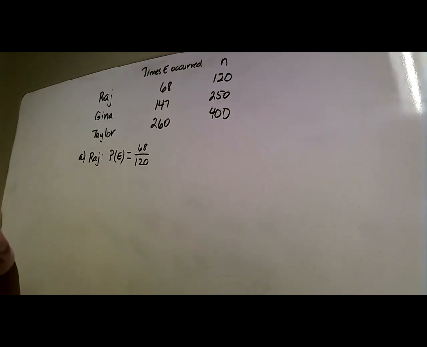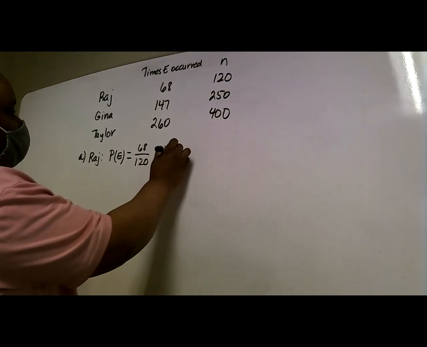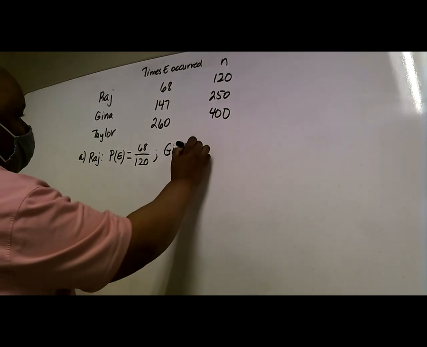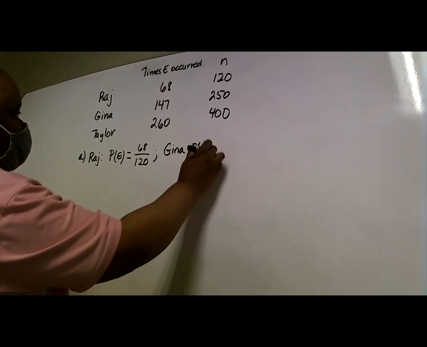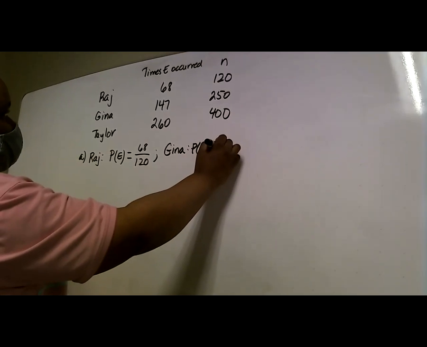So this is going to be 68 over 120. And then for Gina, her probability that event E occurred is going to be 147 out of 250.